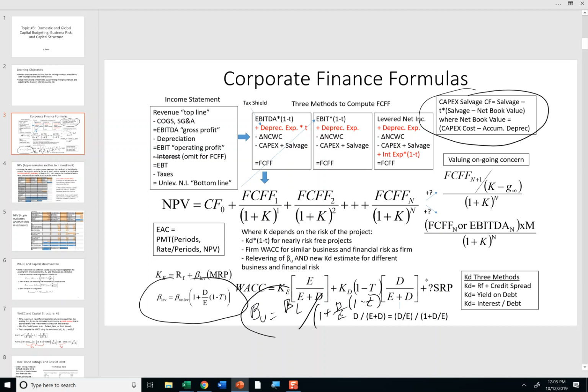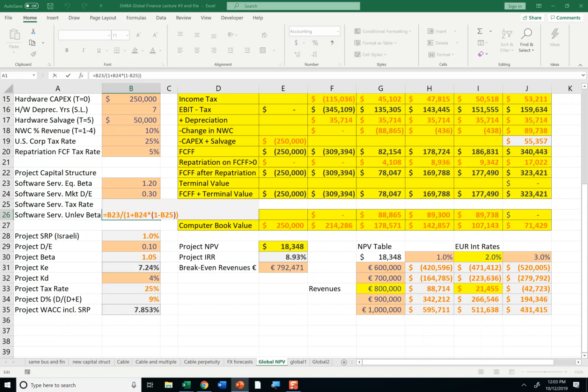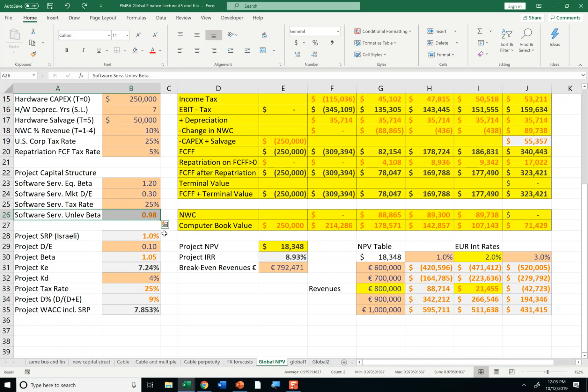So those are my two formulas. What would the software industry beta be if they had no debt? Well, it'd be safer. It wouldn't be 1.2. It would be 1.2 divided by 1 plus the after-tax D/E ratio. It would be 0.98. So this now captures the risk of a business venture in software development in which there's no debt.